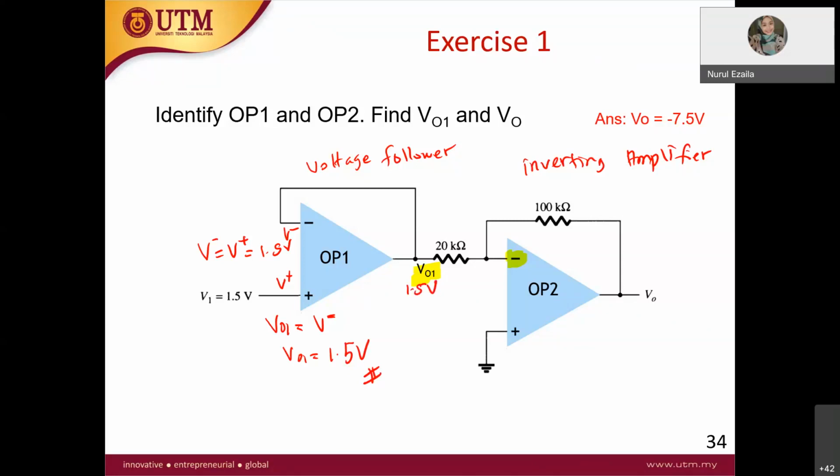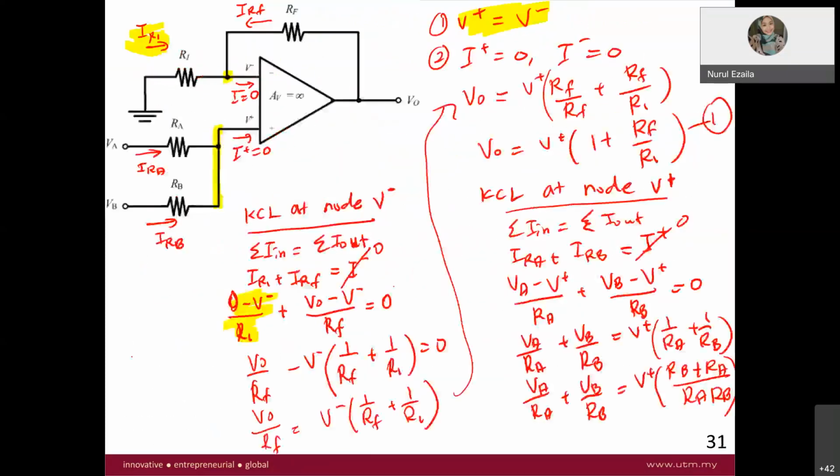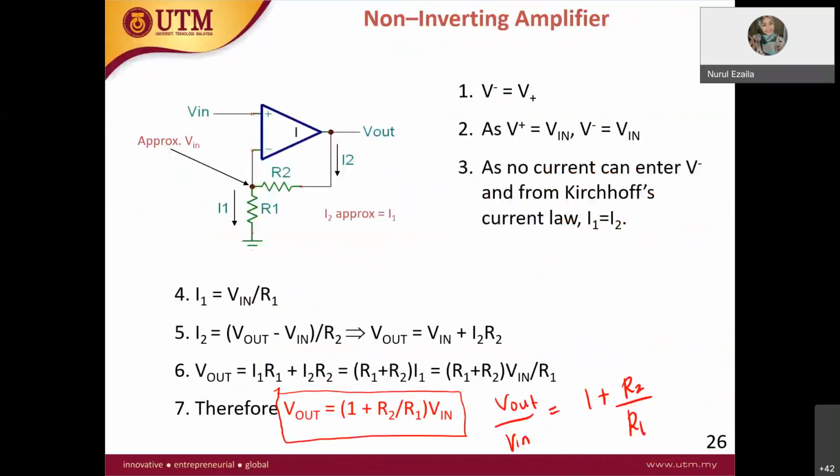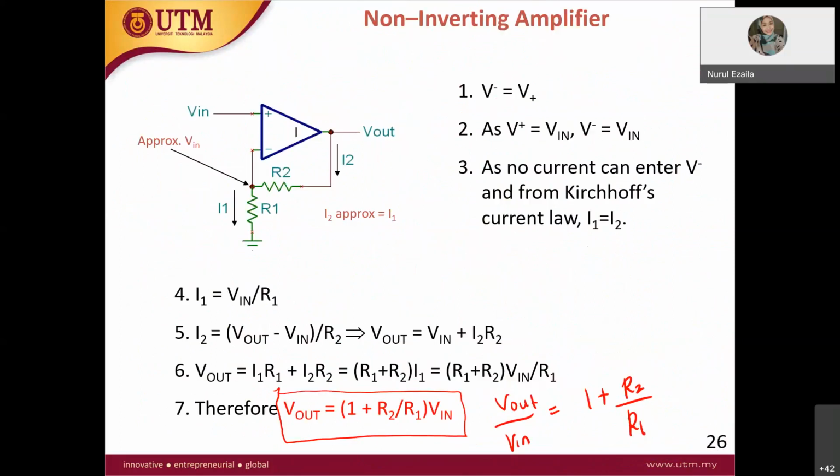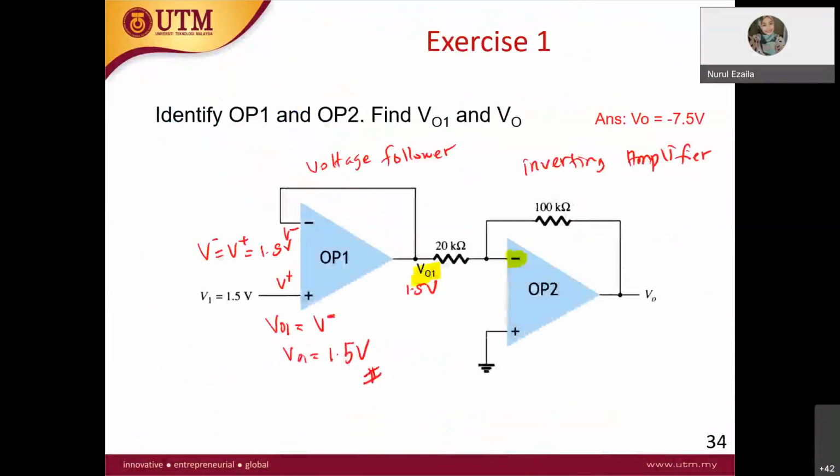The next one is the inverting amplifier. We have derived it many times, so I don't want to derive it again, as it will take a longer time. For the inverting amplifier, V out is equal to negative RF over R1 times V in, which is V1.